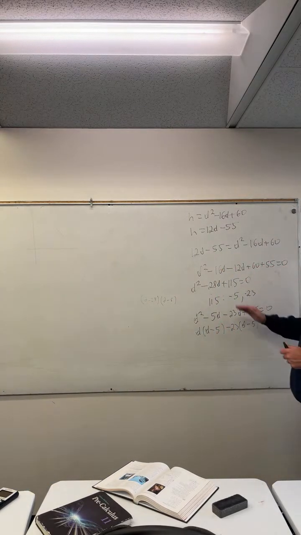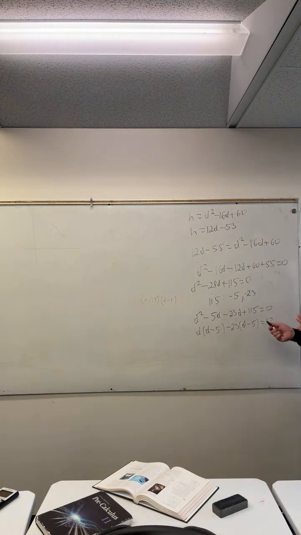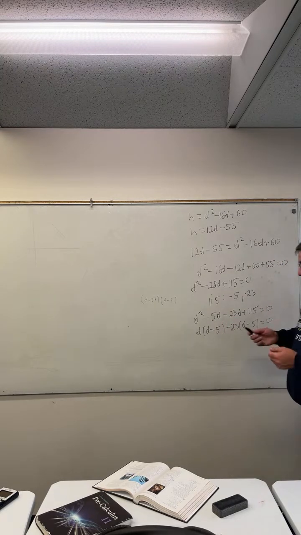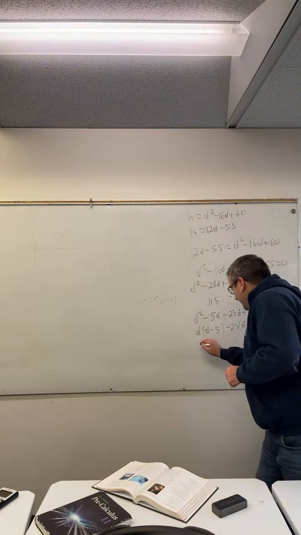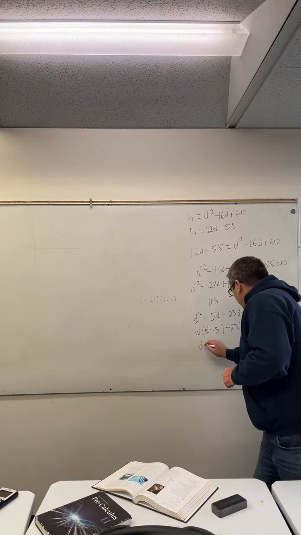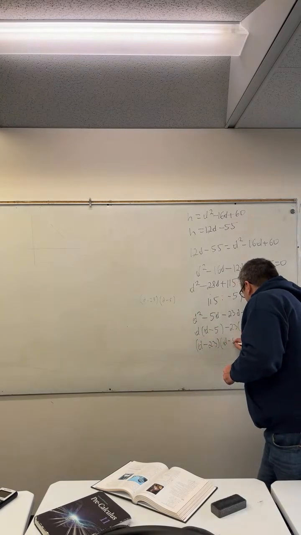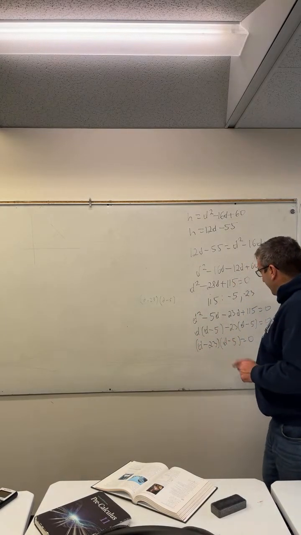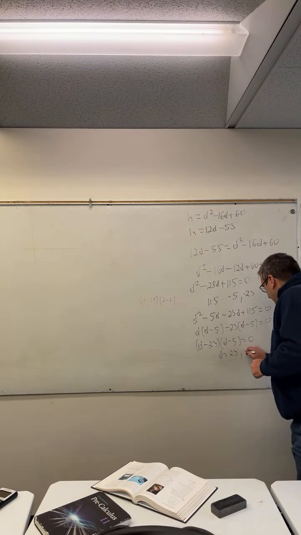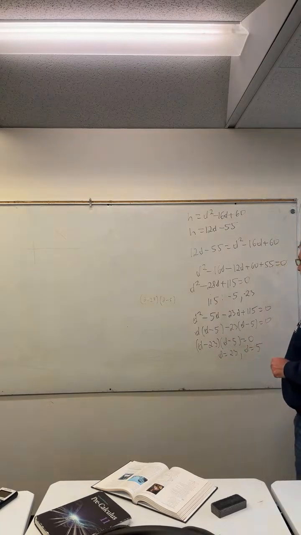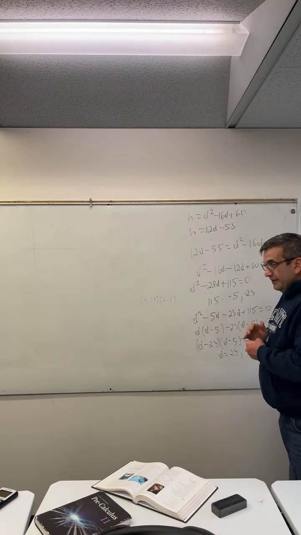You do some extra work because this is obvious, but sometimes it's not that obvious. Yes, but a full solution is to show all the steps. Okay, so D equals 23 and D equals 5. So we have 2 points here.